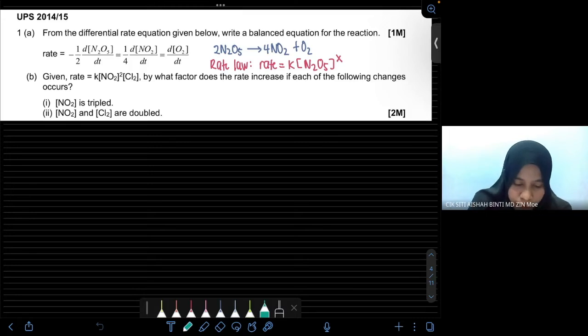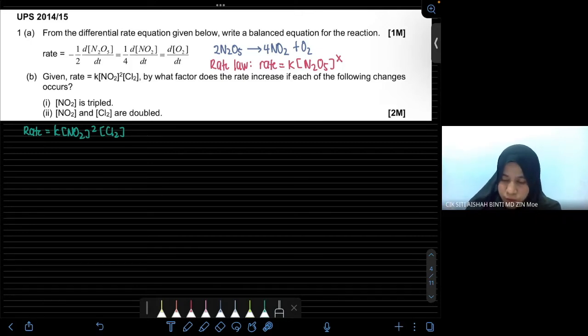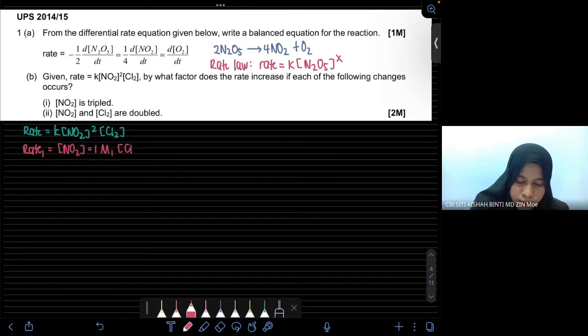So from here, we know that rate law is equal to k [NO2]^2 [Cl2]. Okay, but then from here, dia mintakan what factor does the rate increase if triple. Okay, so sebelum dia triple ni, kita akan assume that for rate 1, the concentration of NO2 is 1 molar and concentration of Cl2 is 1 molar.